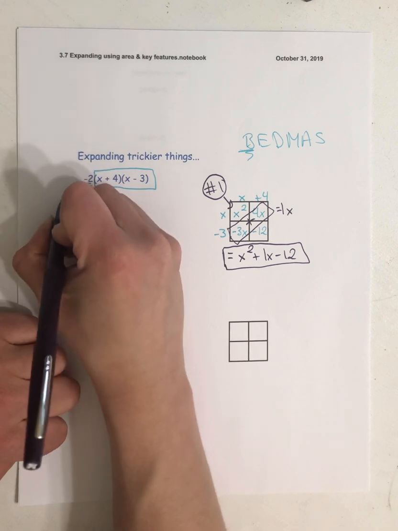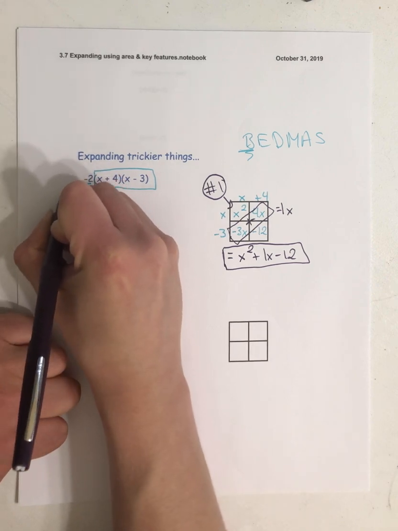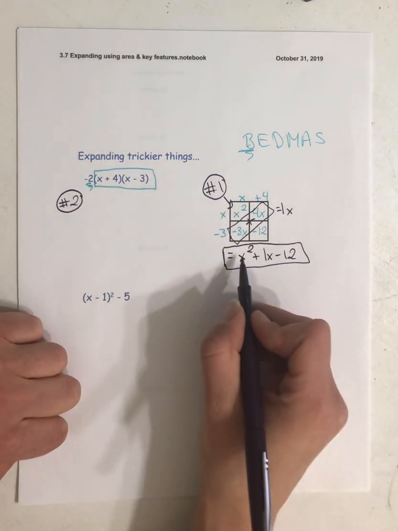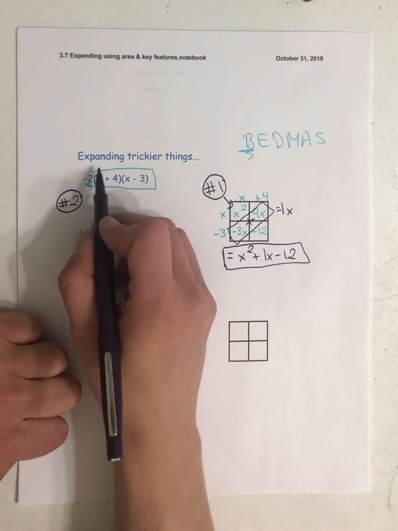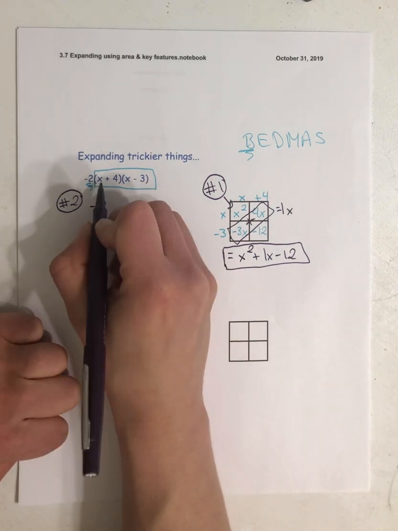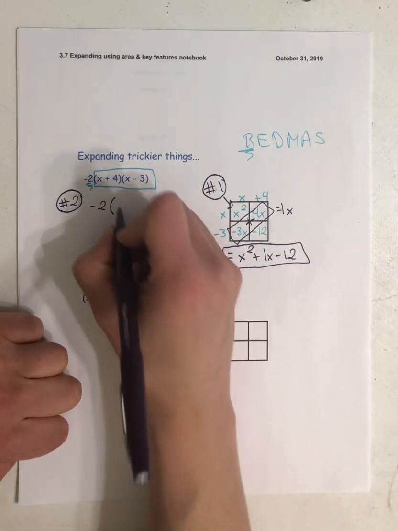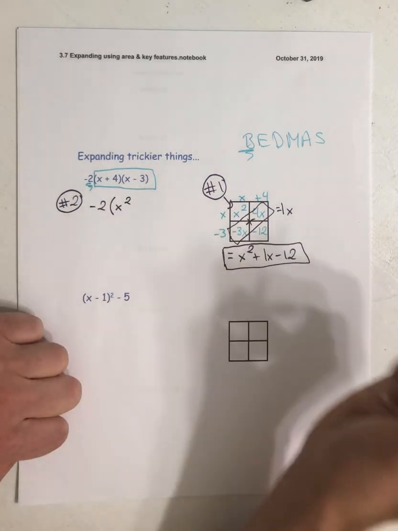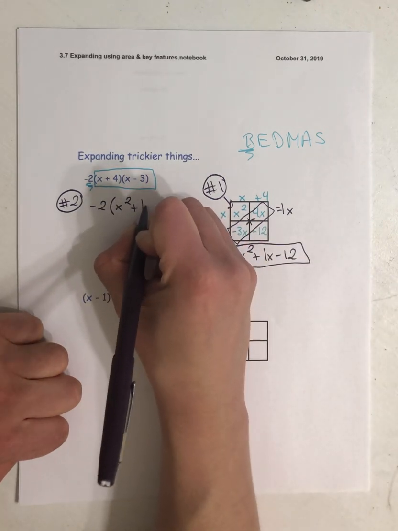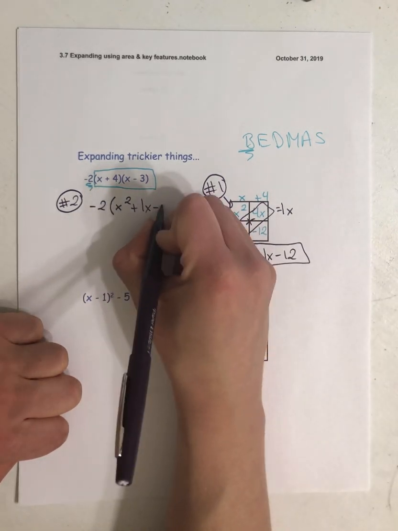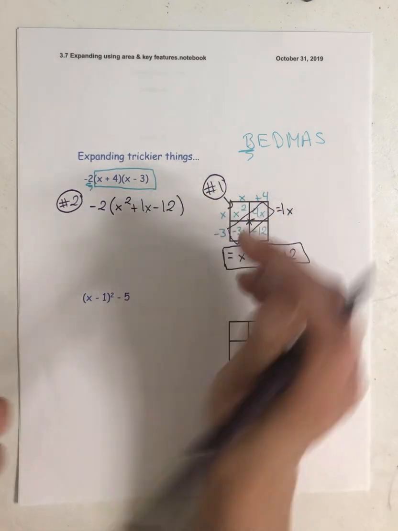Now step number 2 is that we have to sub this in for this. So we have negative 2, and we just found what this equals. So negative 2, and put this one in brackets, x squared plus 1x minus 12.